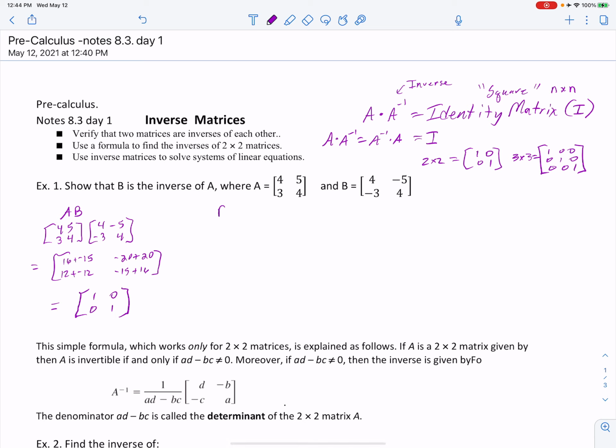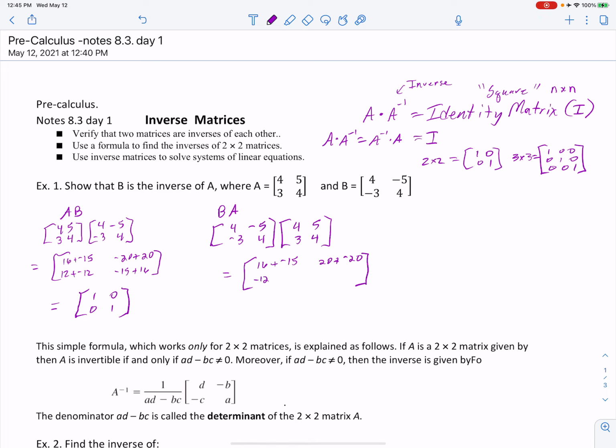And then we need to just show that B times A, if I change the order, I still get the same identity matrix. So if we multiply these, then we get 16 plus a negative 15. And then we have 20 plus a negative 20.